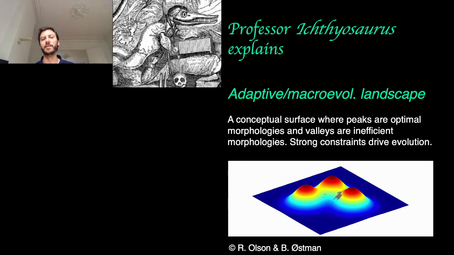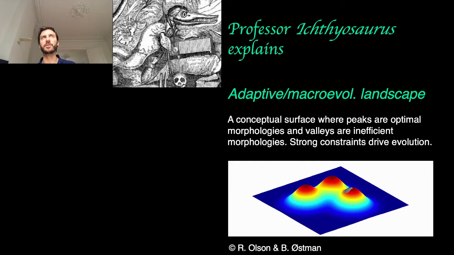So there are different ways you can reconstruct these landscapes. Some people have tried to use single values, like for example body size. What would be the optimal body size for a given clade?